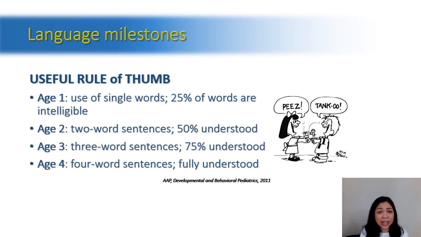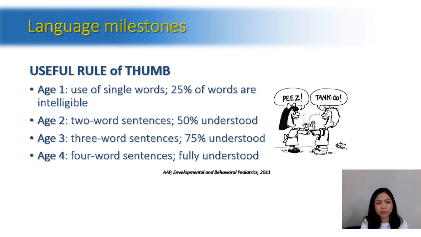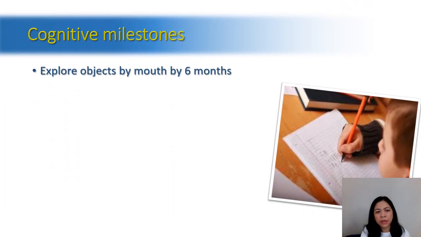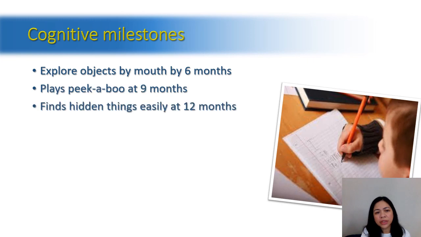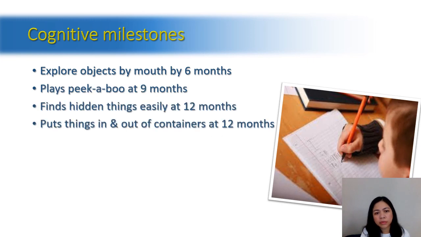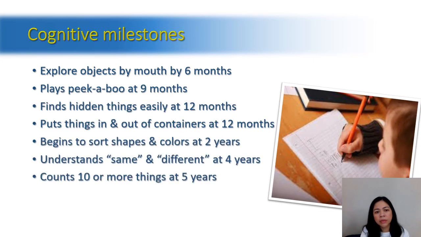So if Chessa started to talk in words at age 4, that's definitely a delay in language development. If we look at the cognitive milestones, Chessa would probably also be delayed in these milestones.